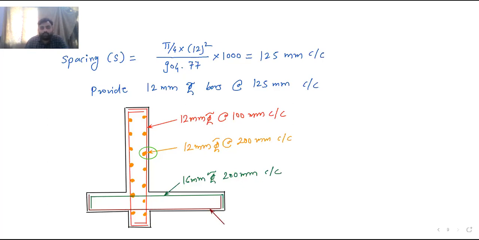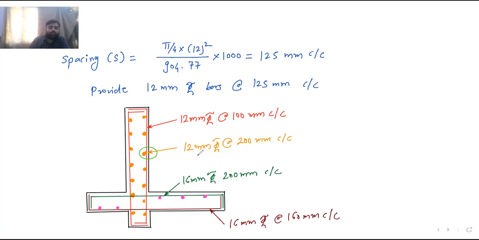In between I will draw the distribution steel. This is the distribution steel. 16 mm diameter about 160 mm center to center. Okay. So this is 16 mm diameter about 160 mm center to center.